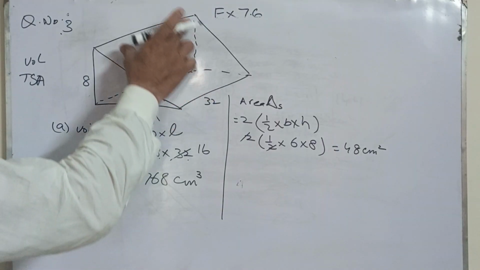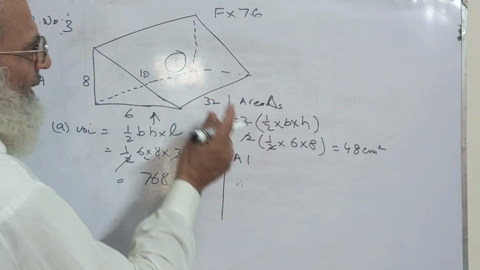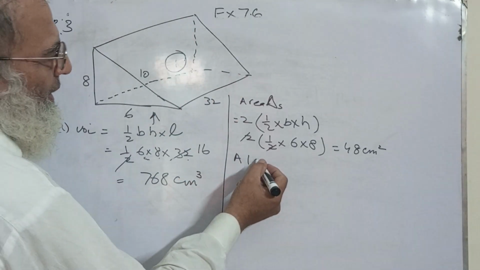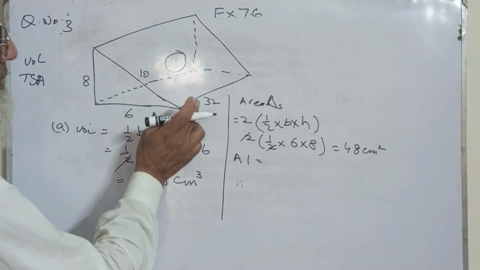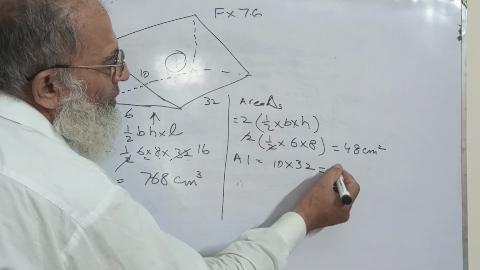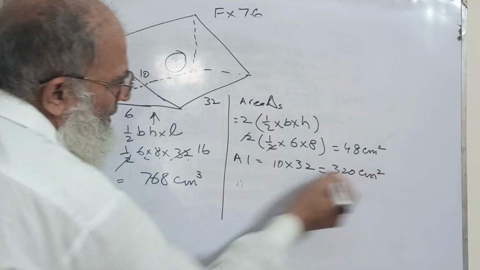Now there is only one rectangle, number one rectangle, which is in front of you. It is 10 multiplied by 32, which is equal to 320 centimeter square.